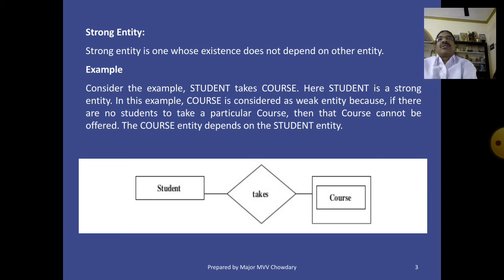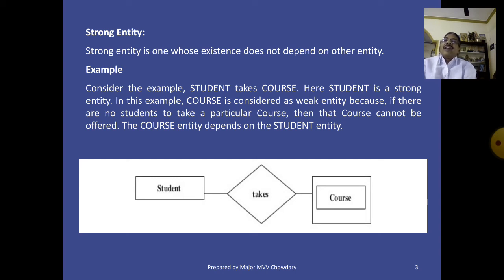Strong entities are the entities which have a key attribute in their attribute list, or a set that has a primary key. The strong entity type is also called regular entity type.